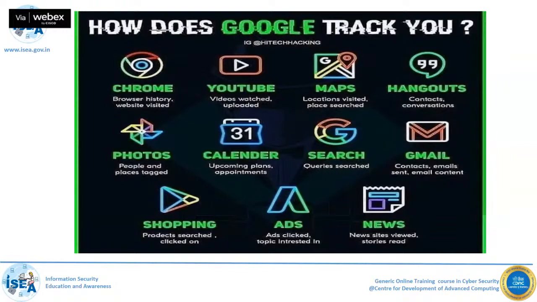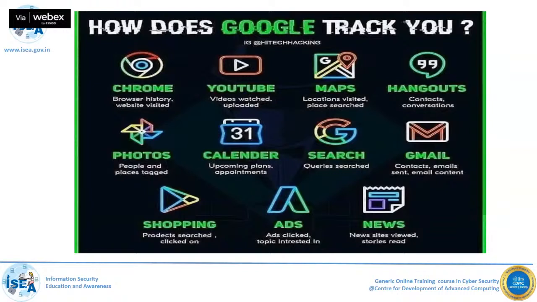Google is tracking, and they know where you went, which location you went to, and all the things. Not only Google, all the people, whichever application you are downloading or using, everyone is tracking what you are doing, where you are spending, where you are going.